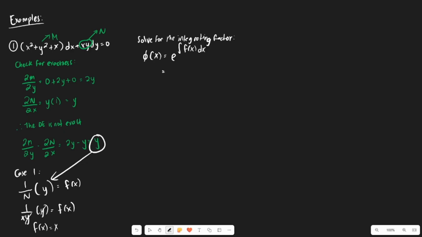So this is now equal to e raised to the integral of 1 over x dx, which is e raised to ln x.